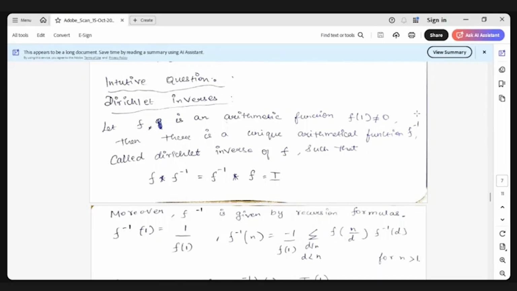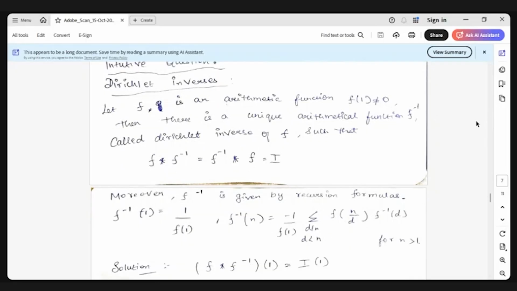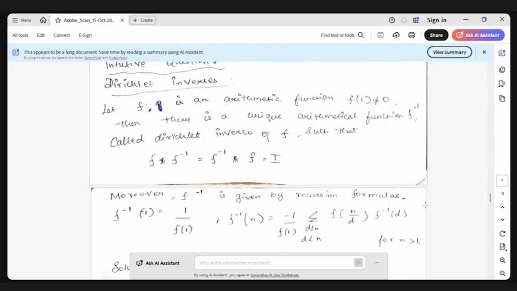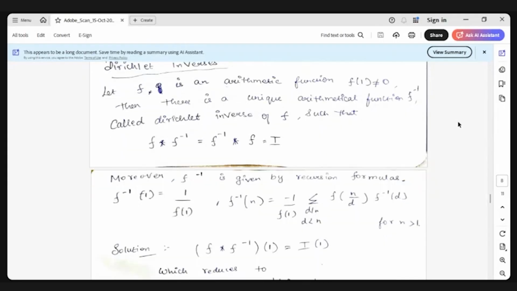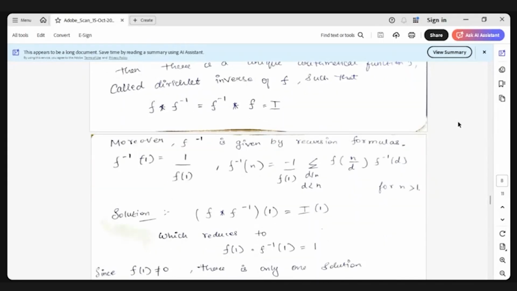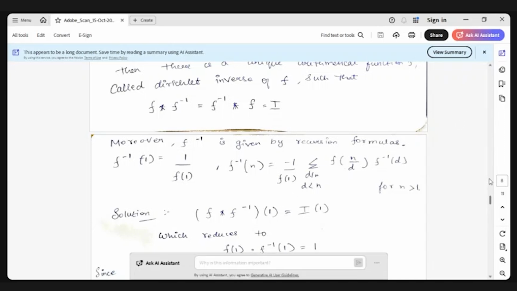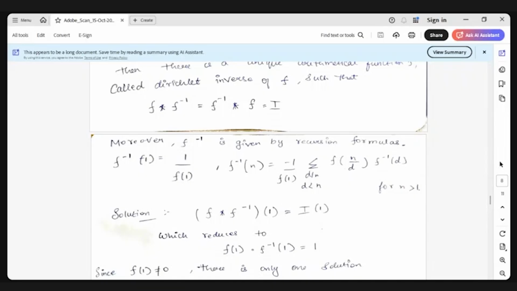So f inverse of 1 is equal to 1 by f of 1. For n greater than 1, f inverse of n is going to be this recursion relation which is being mentioned. Okay. So how do we show this and what is this? Basically f star f inverse of 1, if you expand through the Dirichlet convolution method, you will get i of 1.